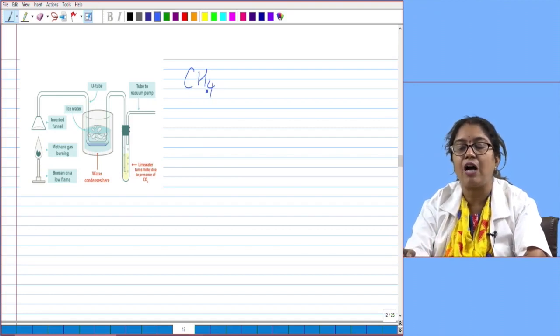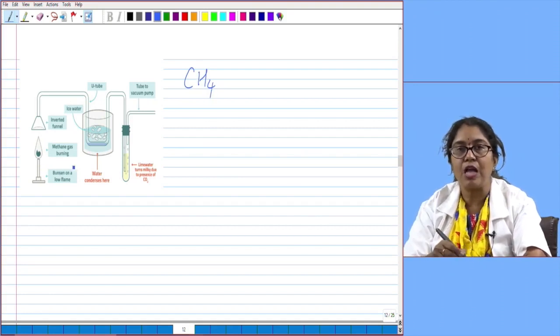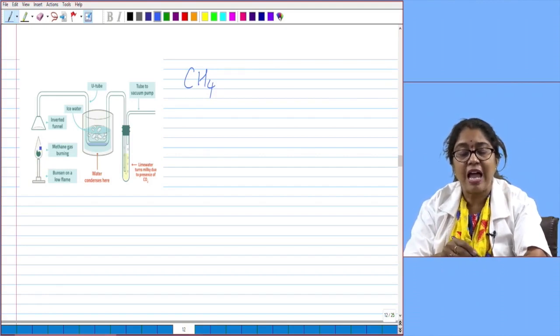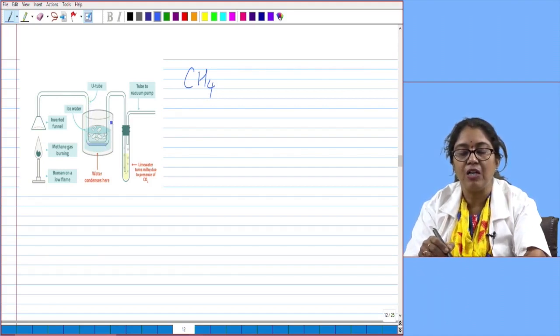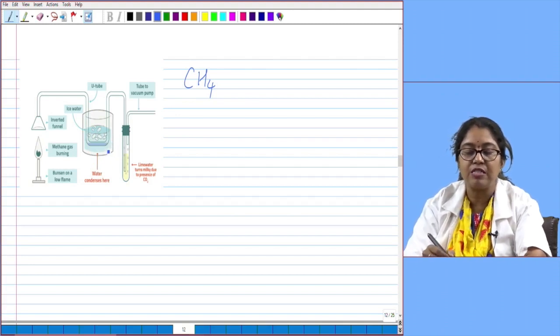When the carbon and hydrogen of methane burn in the presence of air or oxygen, the gases evolved because of combustion are collected by this inverted funnel and travel through this tube, which is immersed in a beaker containing ice or cold water.